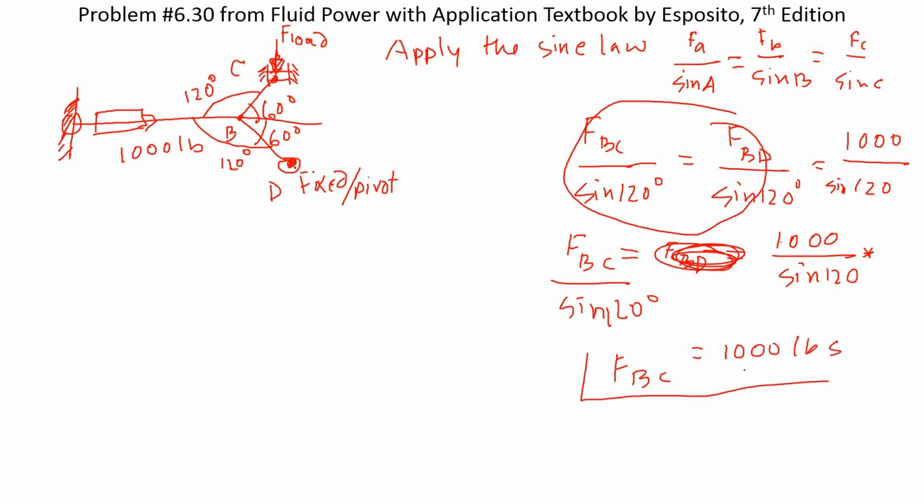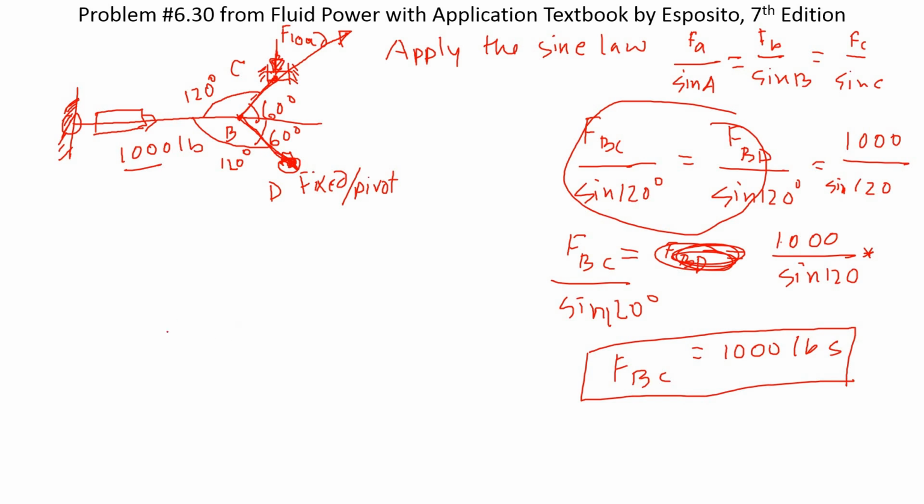Now this is 1,000 pounds just by chance. Don't think that this will always be 1,000 pounds. If this angle changes, then this force will change for sure. So now we know this force here in the BC arm. Now this BD force will be neutralized by this pivot.